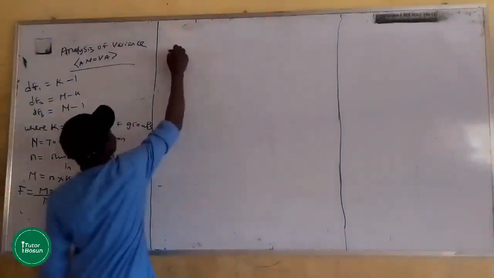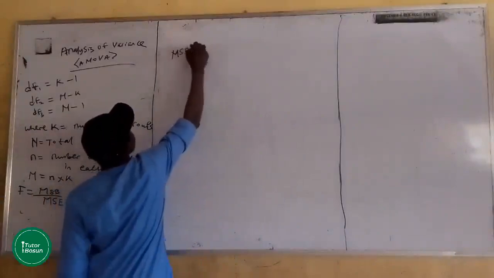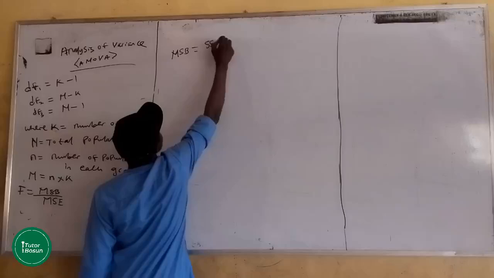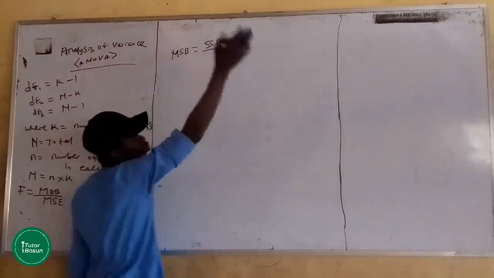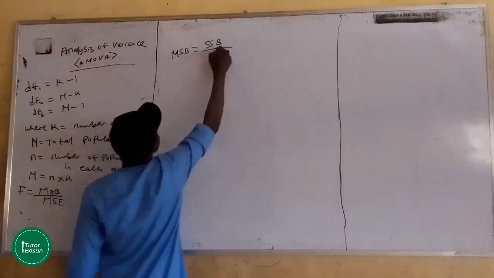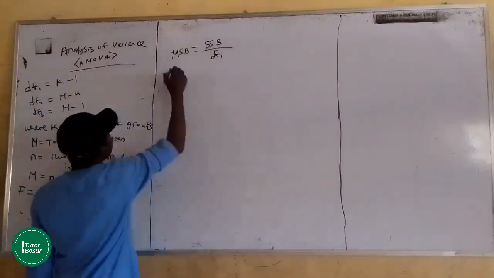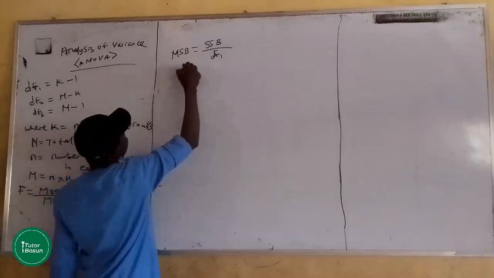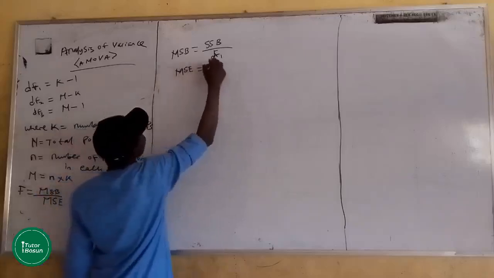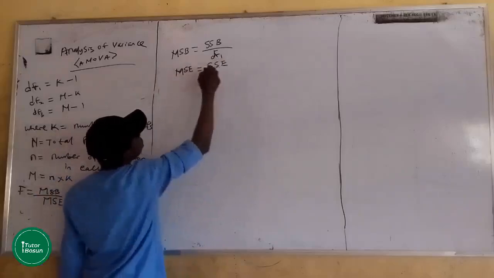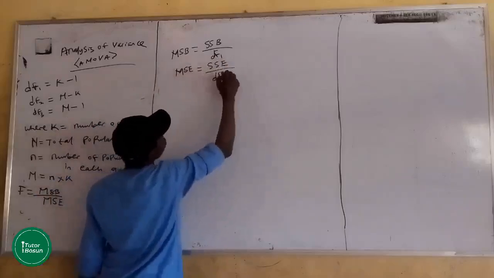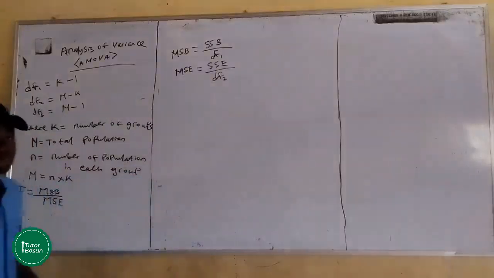So that your MSB is equal to SSB, sum of squares between, divided by df1, degree of freedom 1, and your MSE is equal to SSE, sum of squares of error, divided by df2, degree of freedom 2.